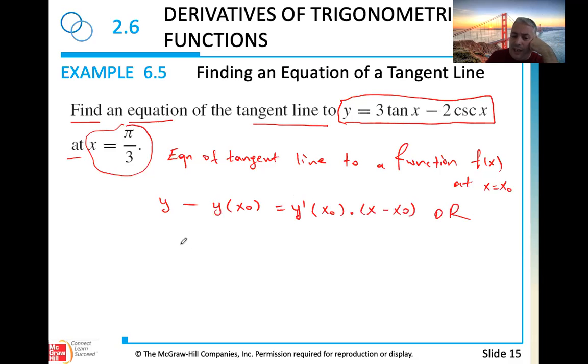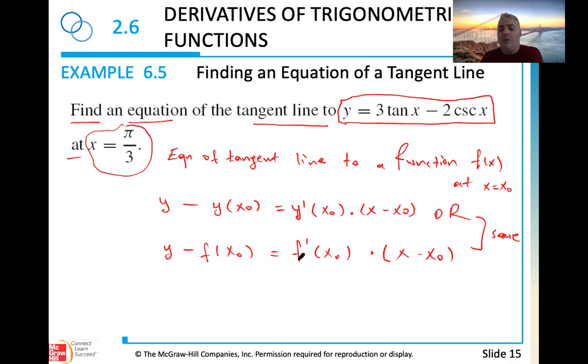Or I think I have given you this one: y minus f at x0 equals f prime at x0 times x minus x0. These two are the same. Instead of f, I just said y.